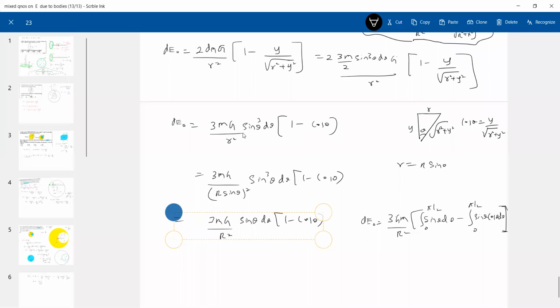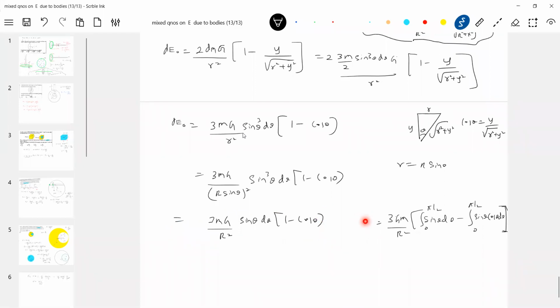Okay, so finally, this will become 3 GM by r square. Integral of sine theta will be cos theta, from 0 to pi by 2.